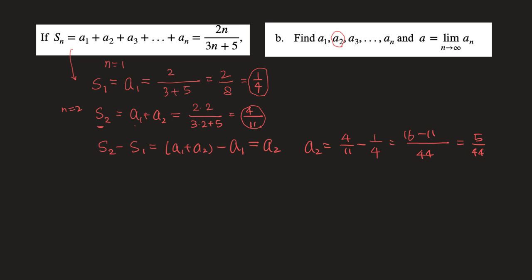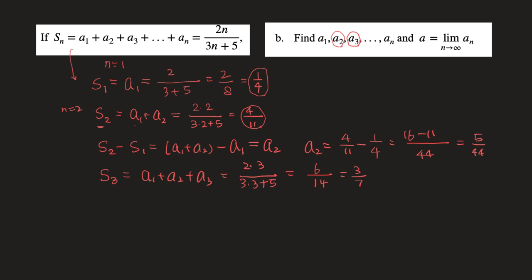Guys, make sense? Let's find a3. S3 is a1 plus a2 plus a3. We find 2 times 3 over 3 times 3 plus 5, that's 6 over 14, which is 3 over 7.